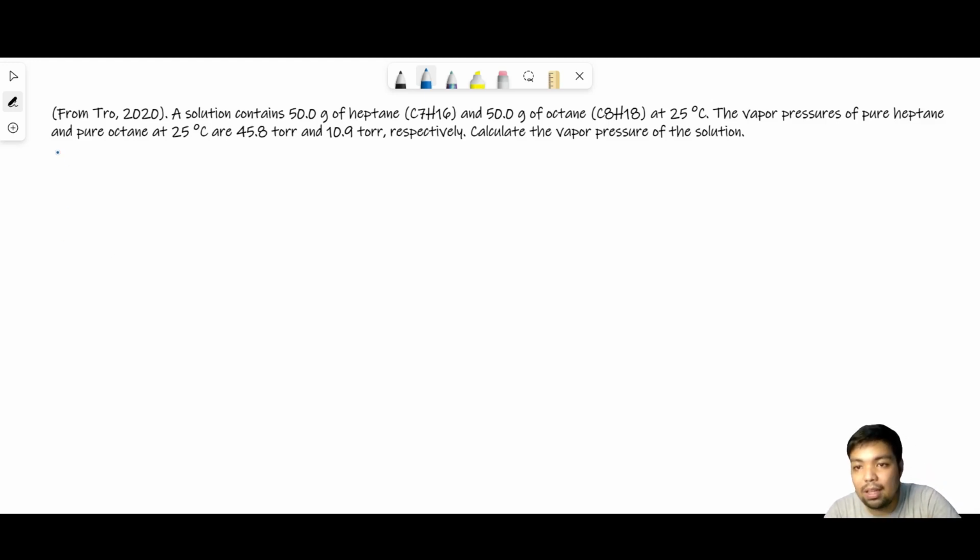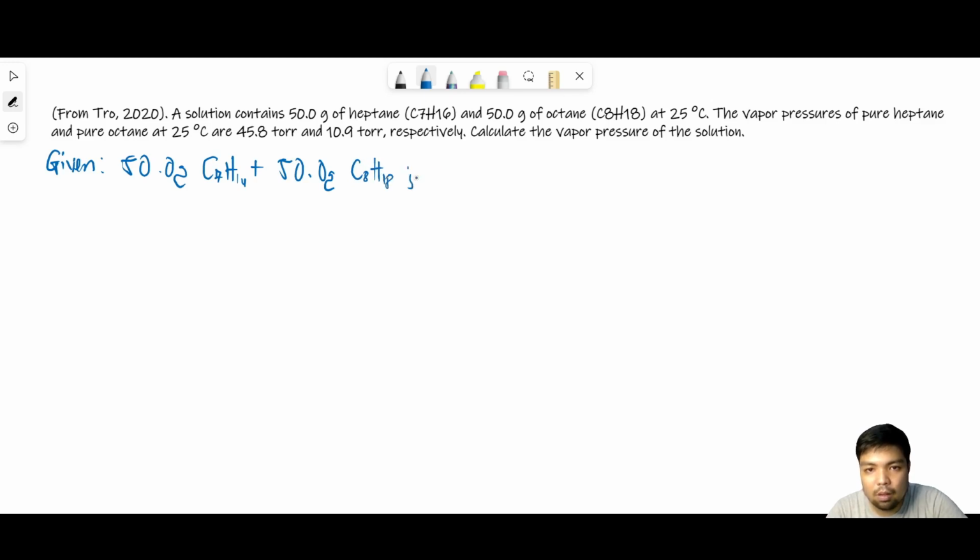So again, let's write our given. Our given is we have a solution containing 50.0 grams of n-heptane, which is mixed with an equal mass of octane.